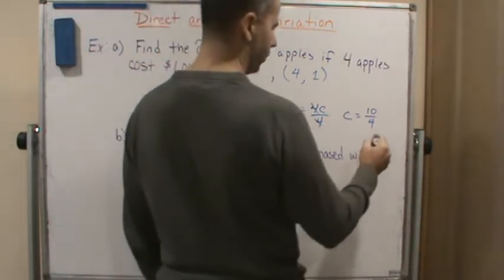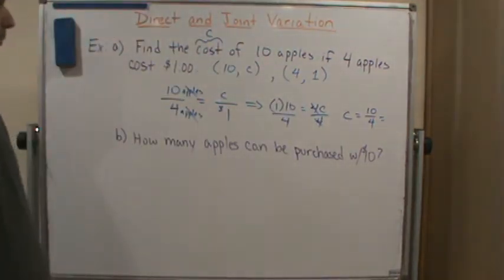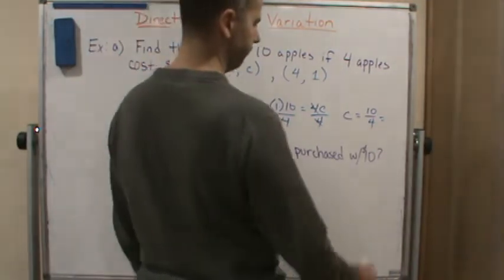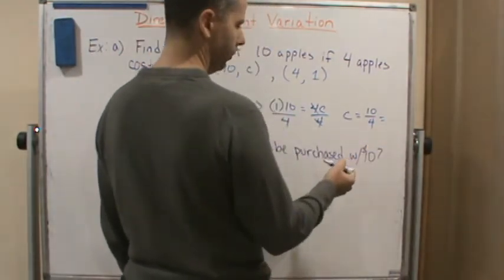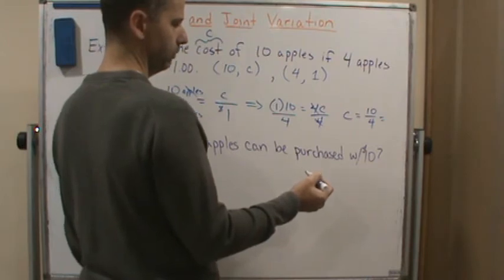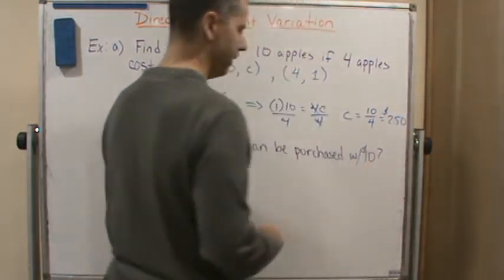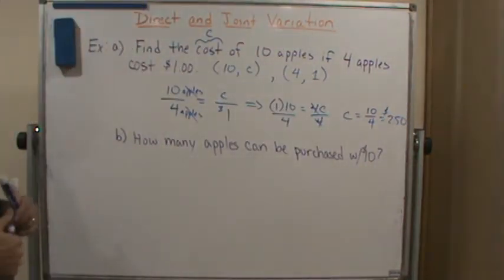And so the cost is going to equal $2.50. So C is $2.50.